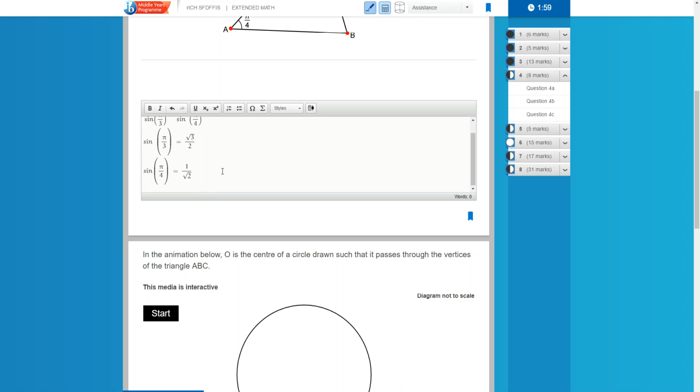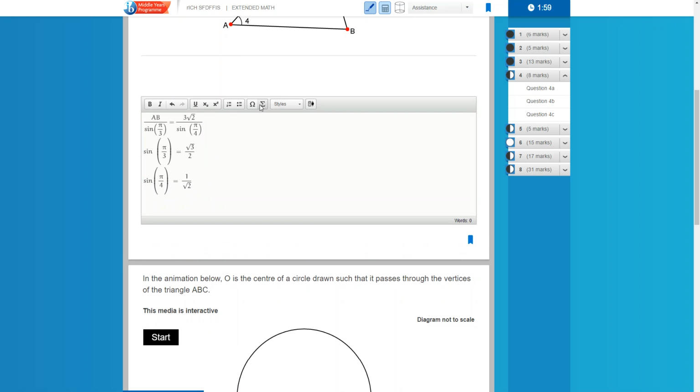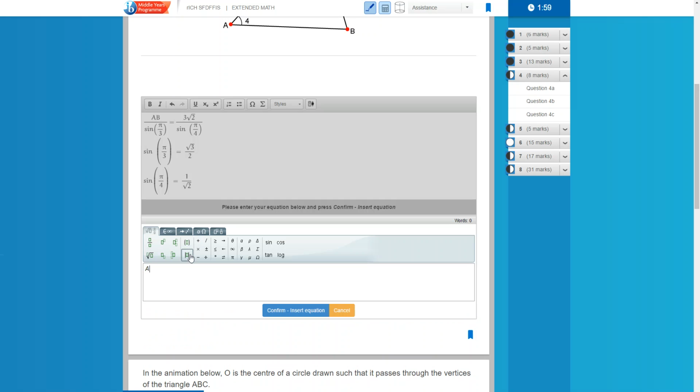Timesing by 2 over root 3, right, good. So let me go back to my equation editor. AB multiplied by 2 over root 3.